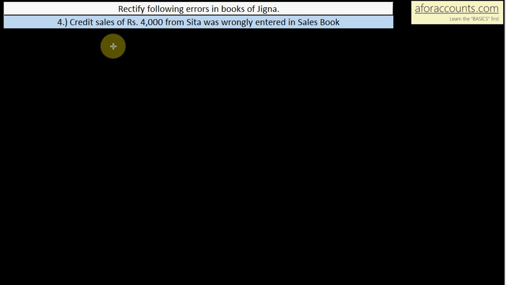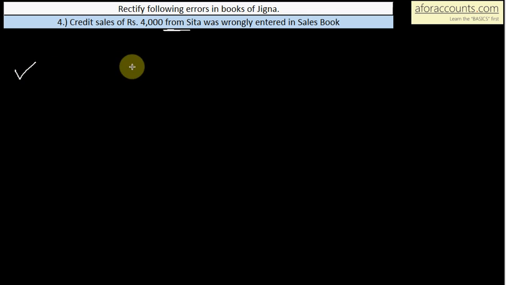Credit sales of rupees 4000 from Sita. It is not to Sita. Pay attention. आपने sales की नहीं है. Credit sales of 4000 from Sita. So you are purchasing goods from Sita. In your books it is purchase for you. So your right entry is in more of accounts के साथ it is a English का problem also.